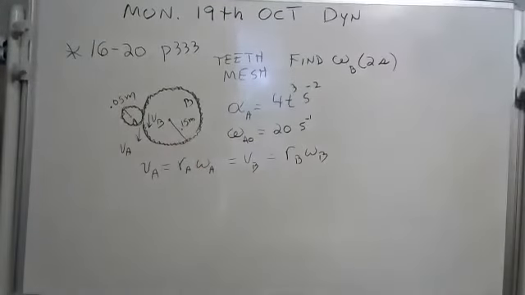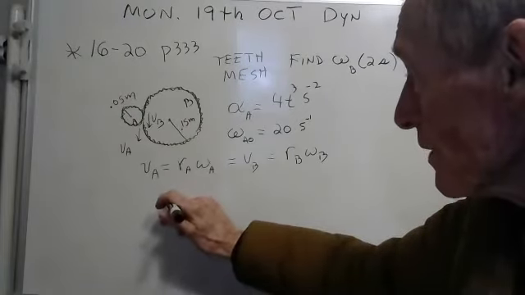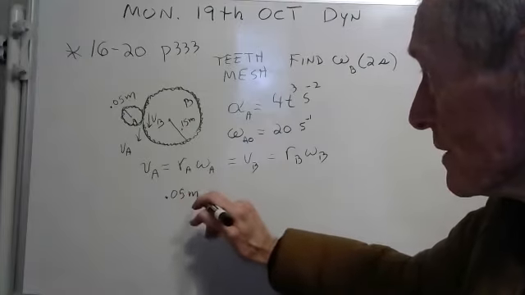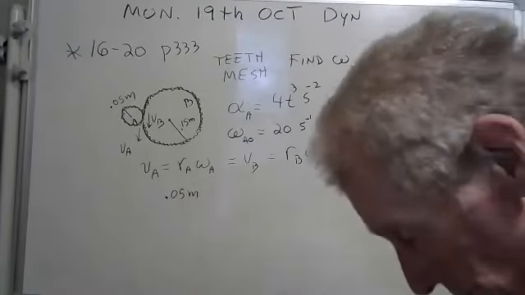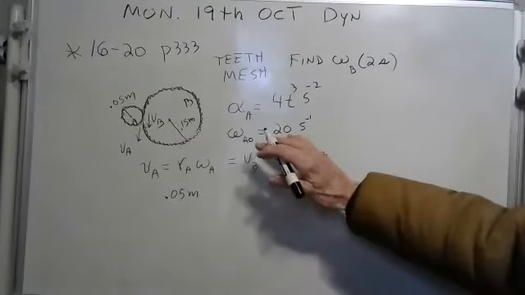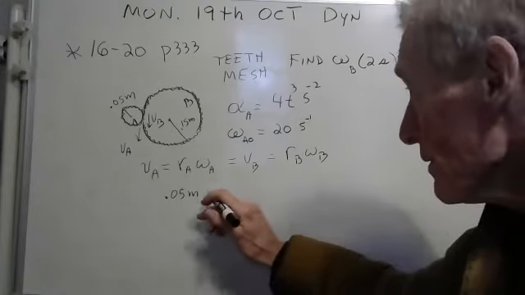Okay, so let's plug in our numbers here. The radius of A is 0.05 meters. And did they tell us the angular velocity of A? Yeah, it's 20 radians per second. Well, now wait a minute. That's the initial velocity of it. But we could go ahead and do that.